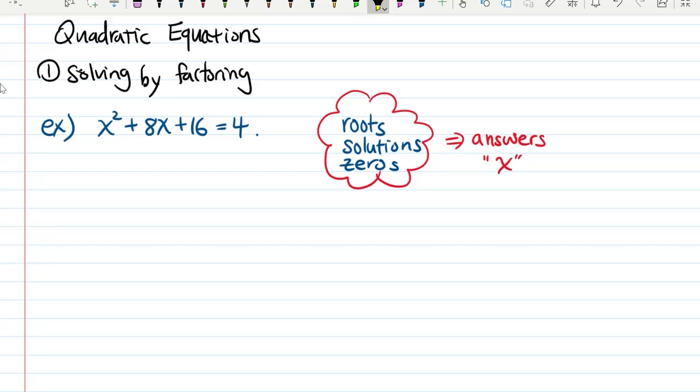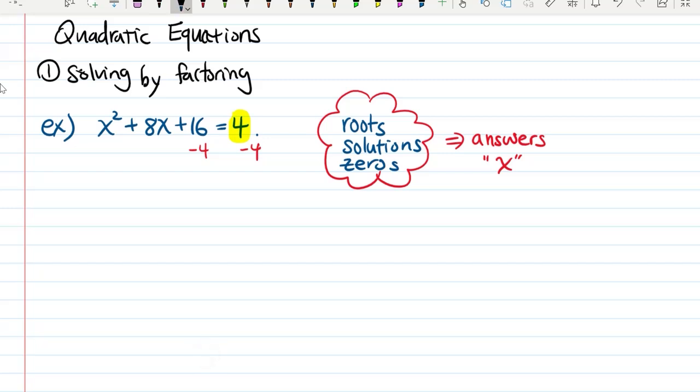In this case, the number 4 has to be on the other side of the equation. So that means we're going to subtract the 4 from each side. The reason that we're doing this is to have the 0 on one of the sides of the equation.